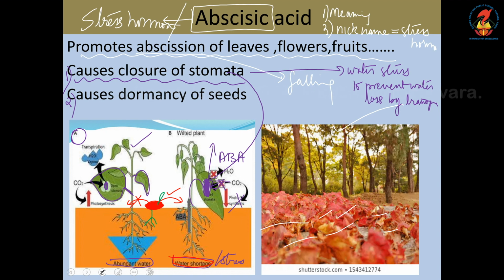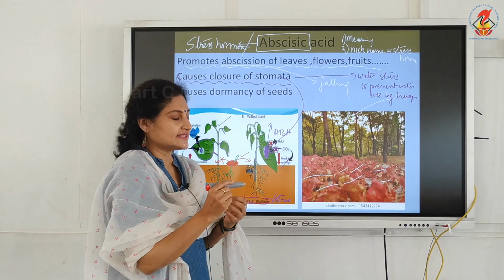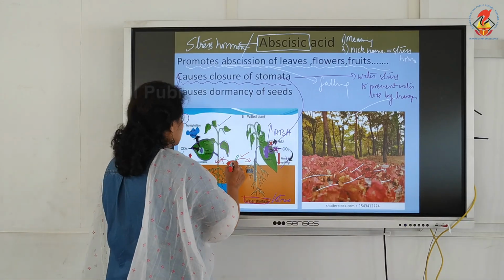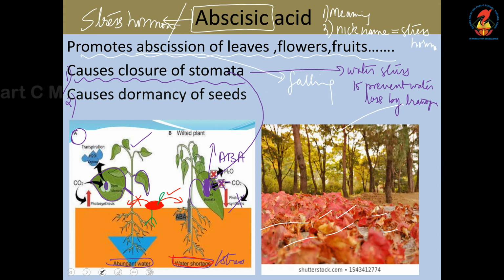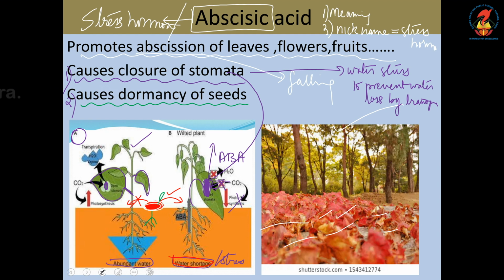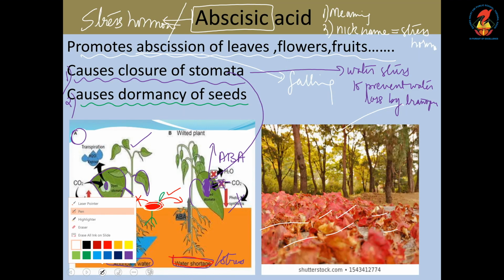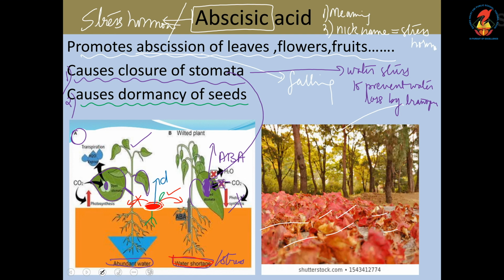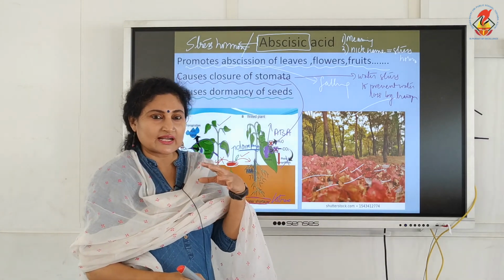So what does abscisic acid do? It inhibits seed germination, or it promotes dormancy of seeds. So the advantage of being dormant is to cope or to tide over that unfavorable condition.